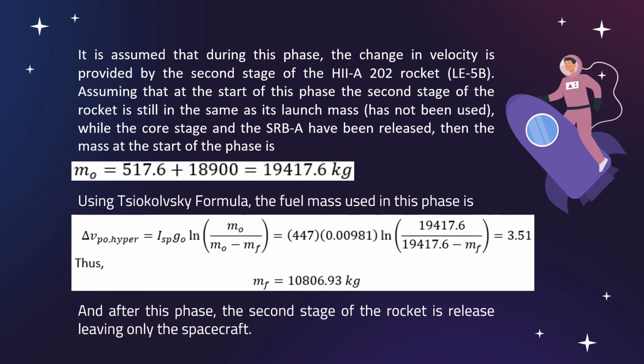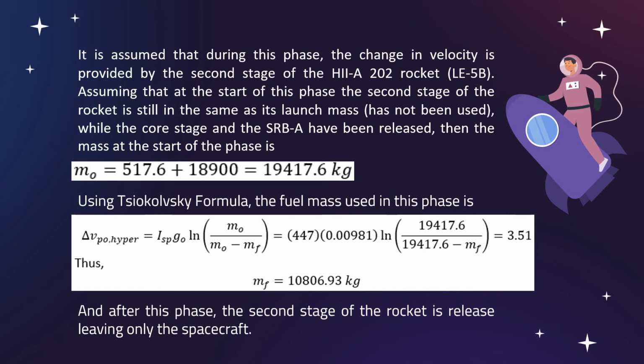Assuming that at the start of this phase, the second stage of the rocket is still at its launch mass, which means it has not been used, while the core stage and the SRBA have been released, then the mass at the start of the phase is M0 equals 19,417.6 kg.